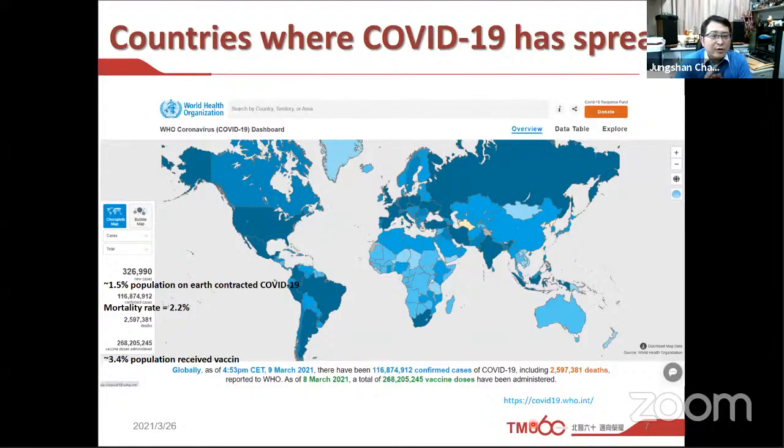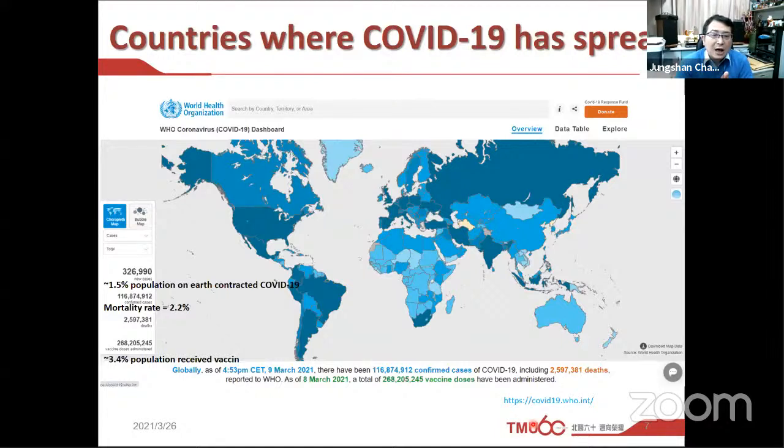More than 1.5% of the population on Earth contracted it, and the population received the vaccine. So the vaccine is still urgent for everyone to get. It's very important.